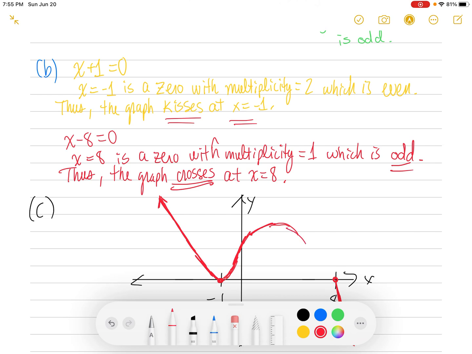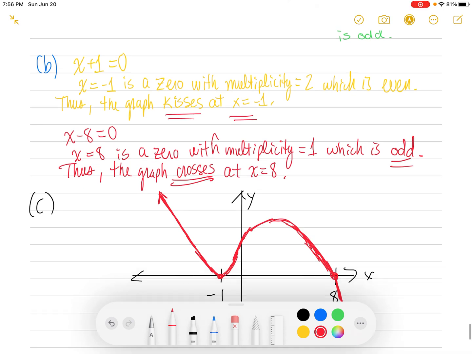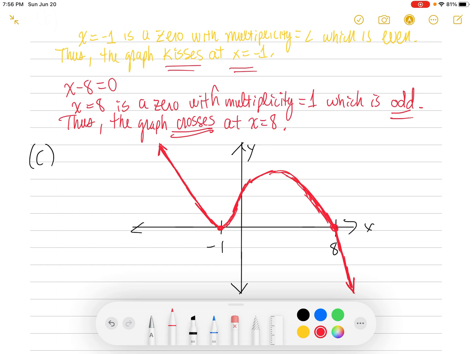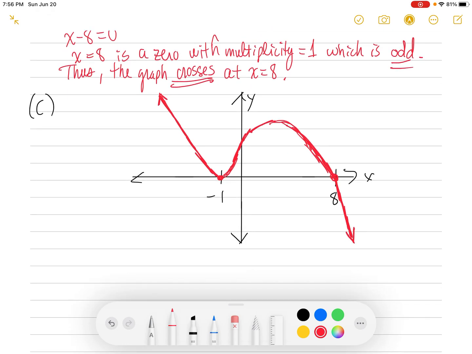We're going to come up, and then we're going to have to reconnect to 8 somehow. And what are we doing at 8? We're crossing, and that's exactly what it says, right? So there's a very generic picture of what your polynomial function would look like. All right, so that's it for analyzing generic graphs of polynomial functions.